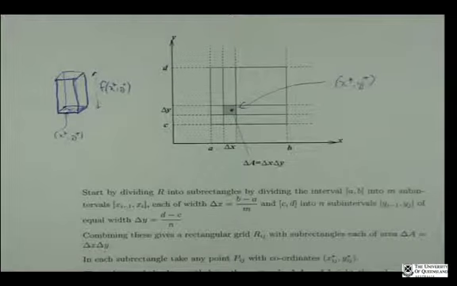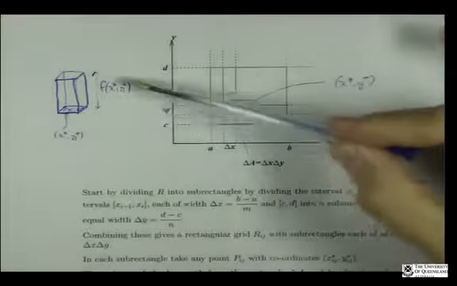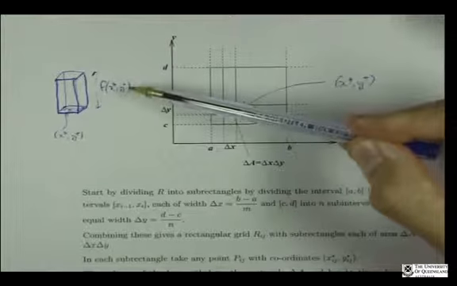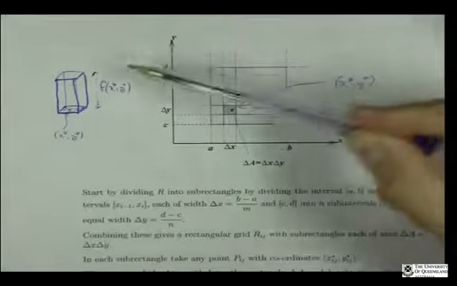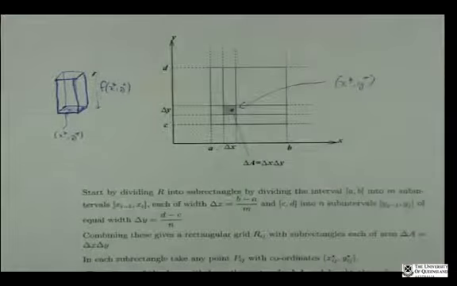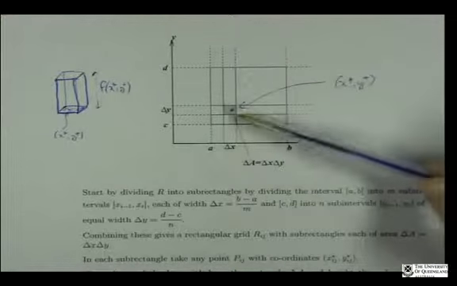But what we're going to do is use knowledge of how we calculate the volume of a box, right? What I was talking about, width times depth times height. The value of this function at our representative point is just going to be the height of this box. So there's the volume, approximately the volume below that surface and above one of these grid squares.